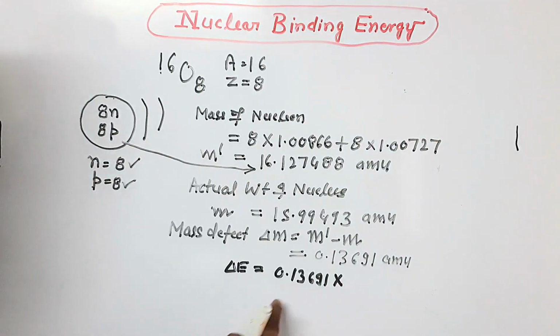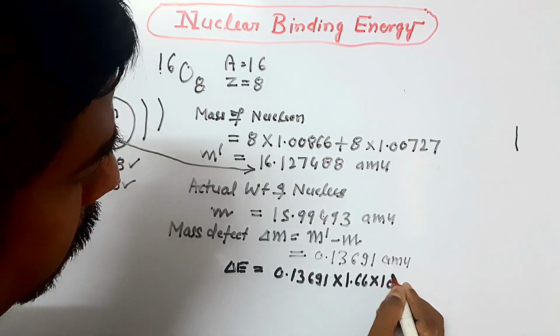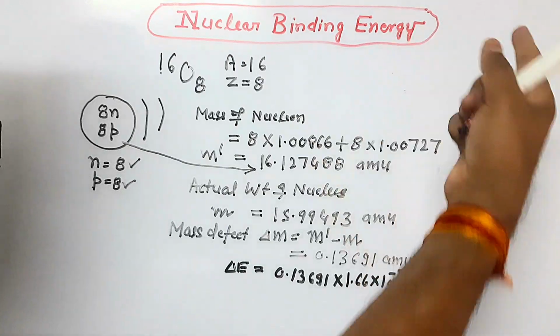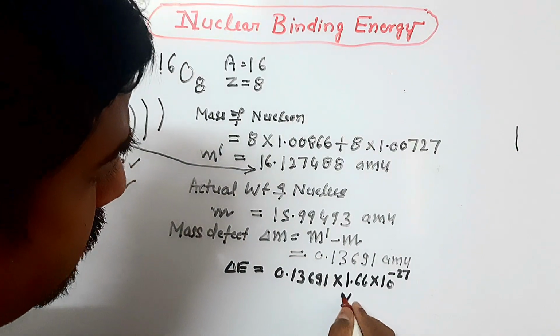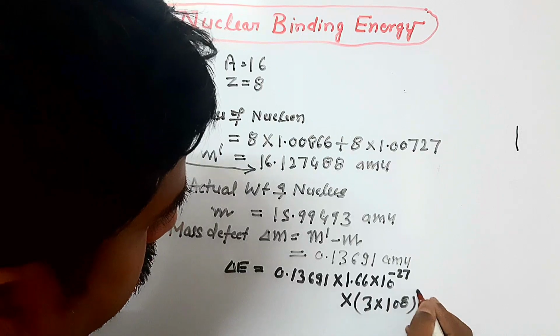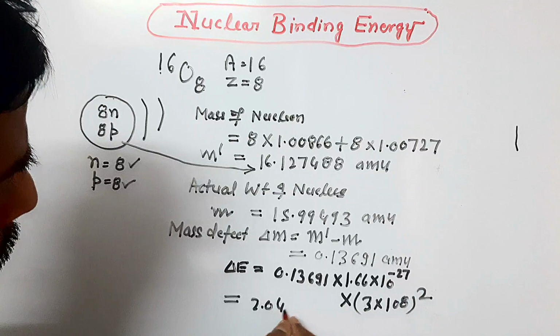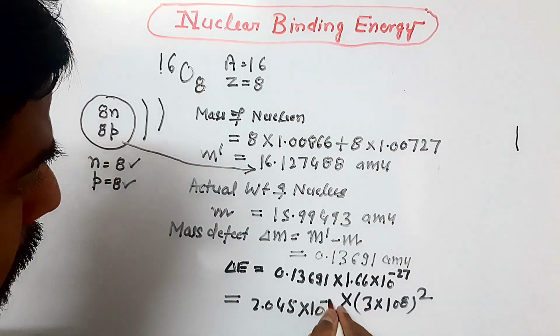If you convert it into energy, that is delta E, this must be equal to 0.13691, converting this mass into kg with the multiplication factor of 1.66 times 10 to the power minus 27, which is the conversion factor from atomic mass unit to kg, multiplied by C square, that is 3 times 10 to the power 8 whole square. This value comes to 2.045 times 10 to the power minus 11 joule.